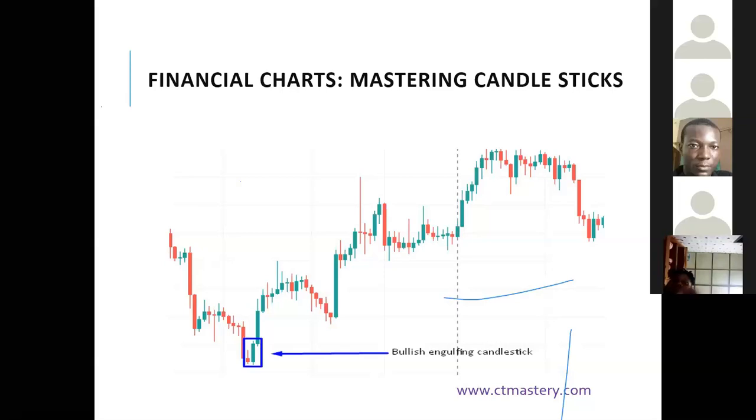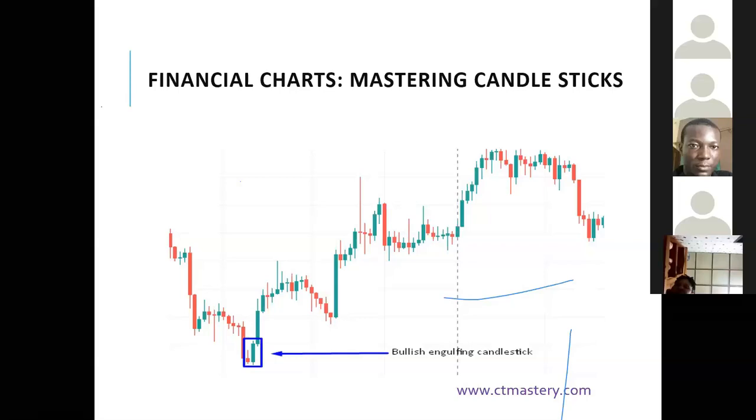But where it occurs also tells us more stories. If it occurs at the bottom of a downtrend, we can say we are 55 or 60% sure that it's going to go up. If it occurs at the bottom of a downtrend or a key support area or region, maybe we're going to hold another webinar where I'll talk about support and resistance.